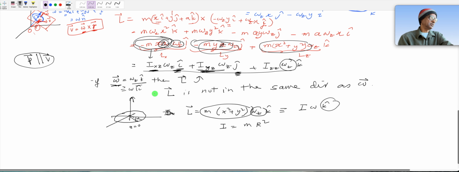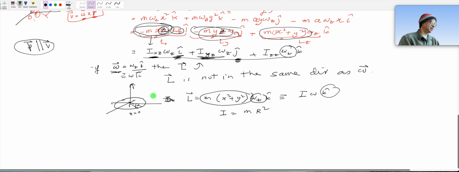So let's do a little bit of housecleaning here. You can write Lx, Ly, Lz in this notation of matrices where you put down the components as a column vector. So this is a column matrix.